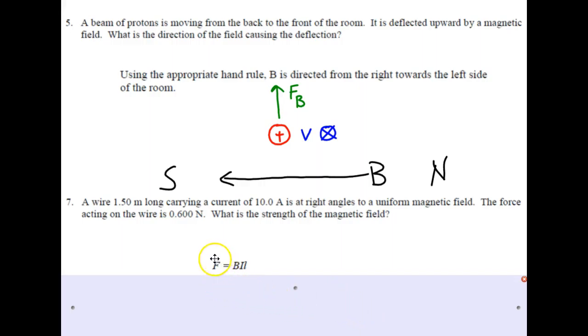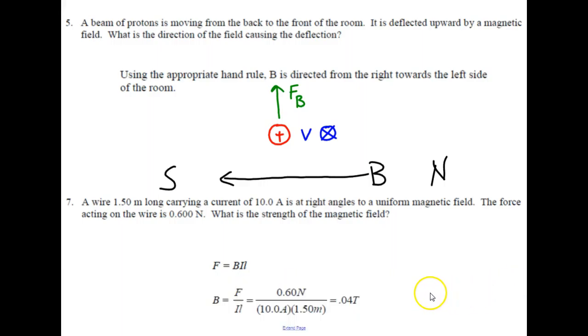In this equation they provided F, they provided I, and they provided L, and they're asking us for B. We go ahead and substitute and calculate, and we should get a magnetic field strength of 0.04 Tesla.